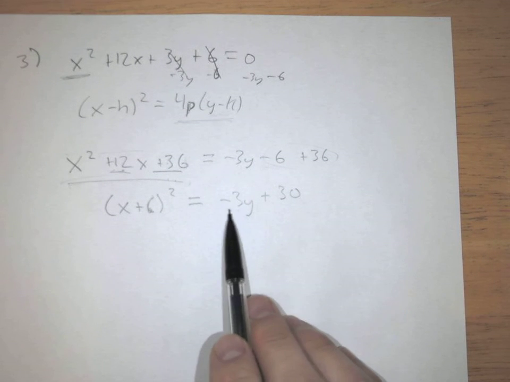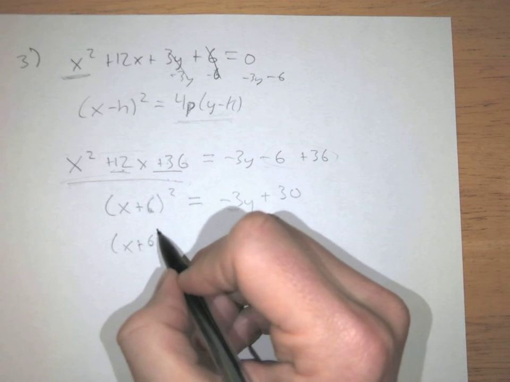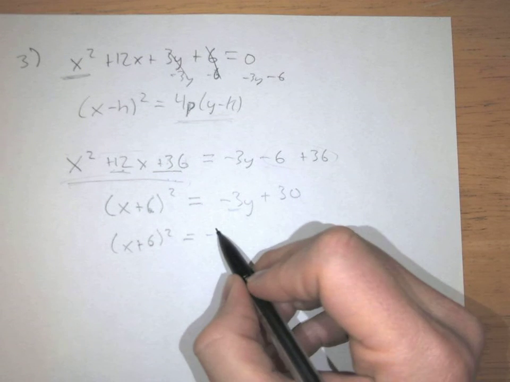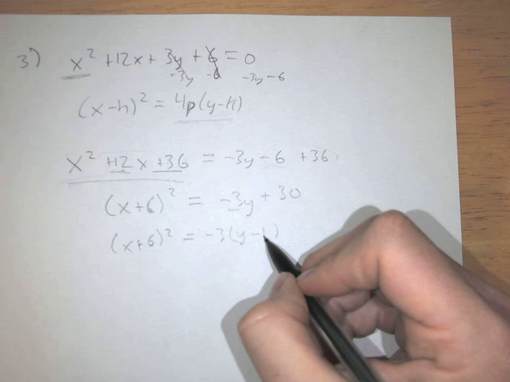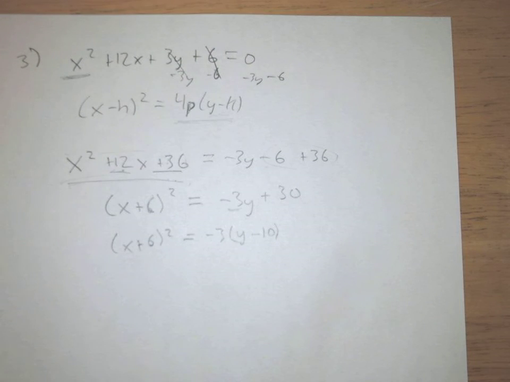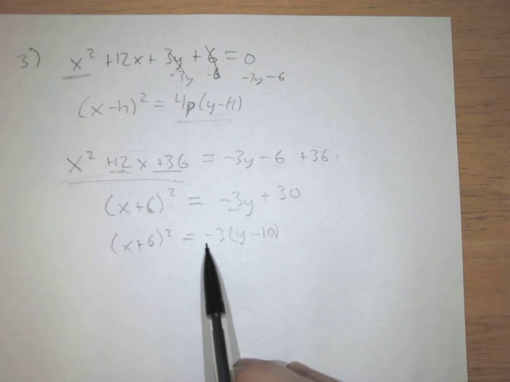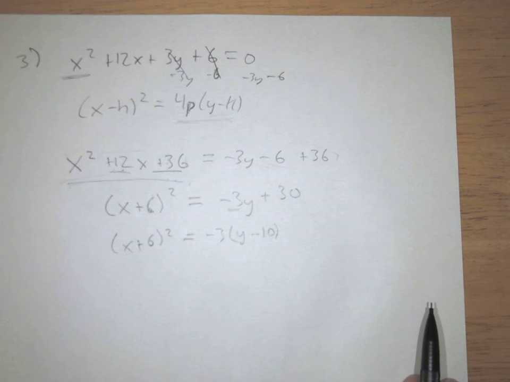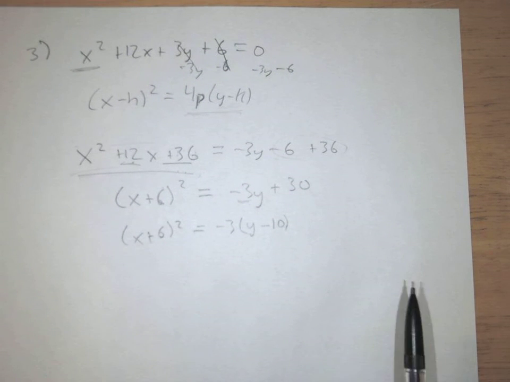So we need to factor out that negative 3 right here. The left-hand side is going to look very similar. We're not going to do anything different there. On the right-hand side, when we factor out that negative 3, what we're going to have left over is y minus 10. So just to double check, negative 3 times y is negative 3y. Negative 3 times negative 10 is the positive 30 that we wanted there. So looks like we're all good to go on putting it in the right form.